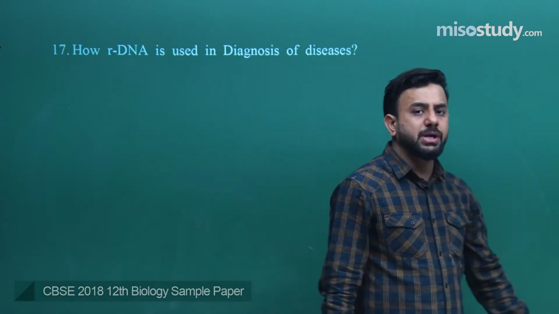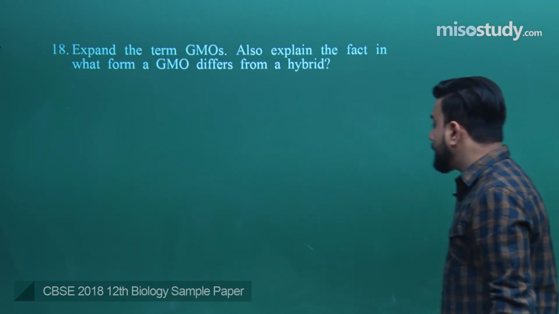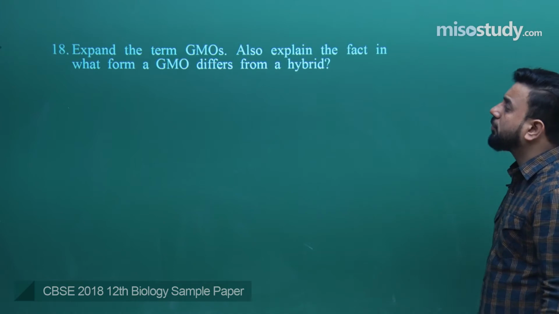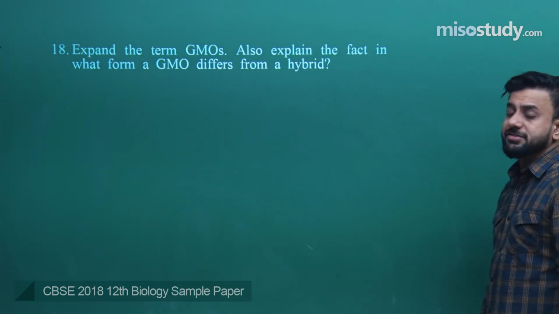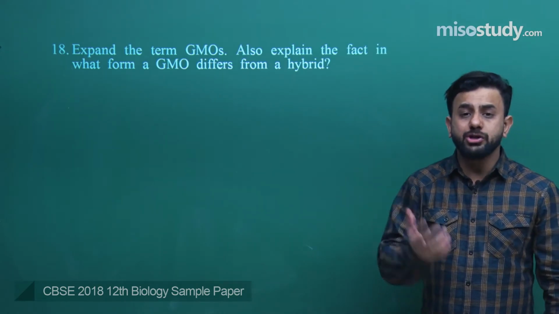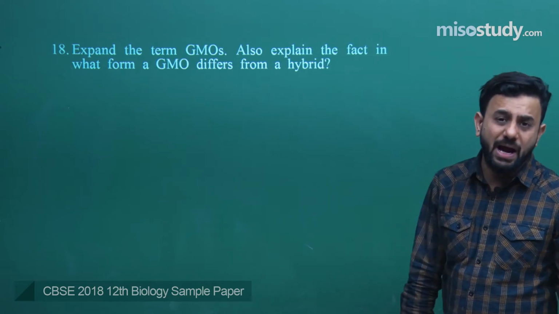Let us see the next question now. Expand the term GMO and also explain in what form a GMO differs from a hybrid. Again, this is a question related to genetic engineering, biotechnology. GMO, we all know, is a genetically modified organism.